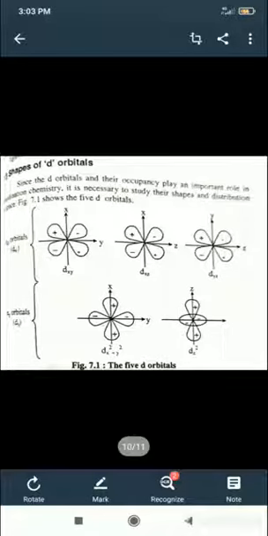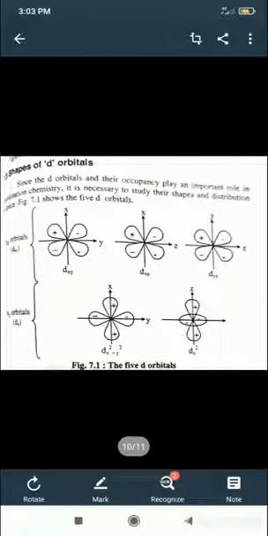T2g means triply degenerate lobes having the same energy. So d is divided into dxy, dyz and dxz, that is triply degenerate lobes having equal energy.